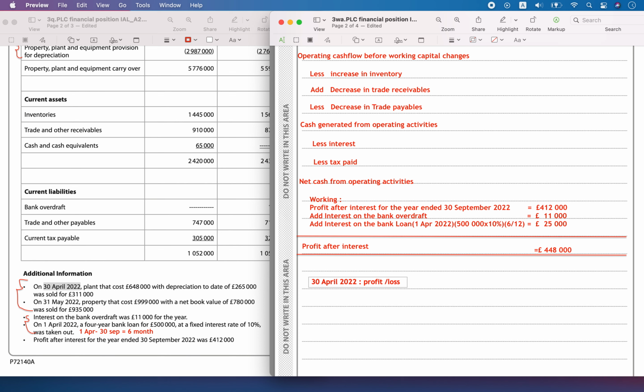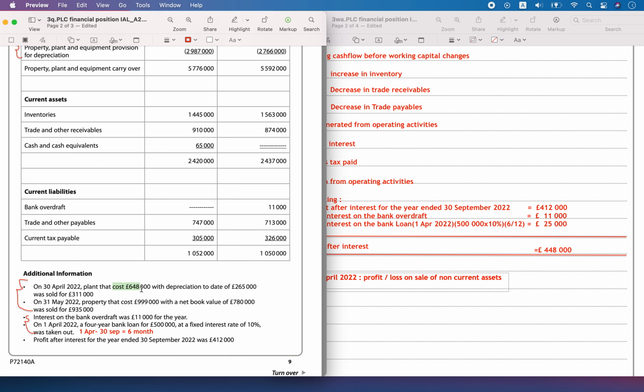How will you calculate whether it is a profit or loss on sale of non-current assets? If it is a profit, your cost is going to be less than depreciation plus the value you received. But if the cost is more than the depreciation charges plus the cash you received, it is going to be a loss.